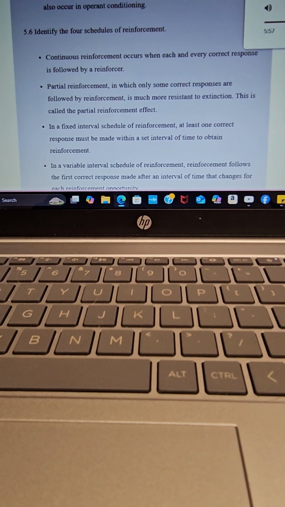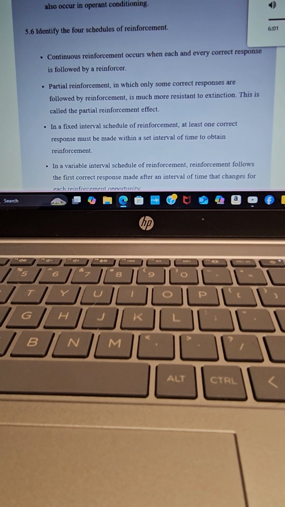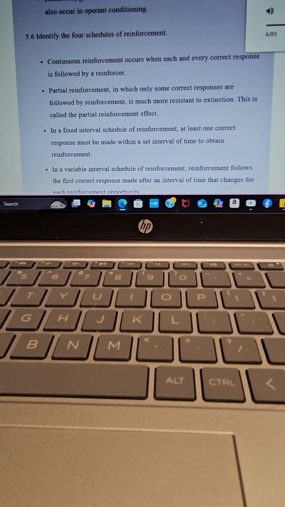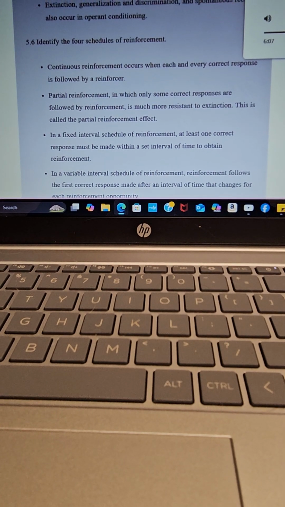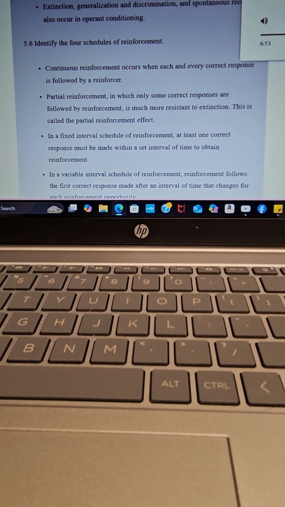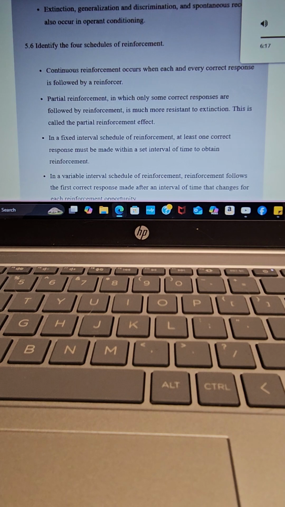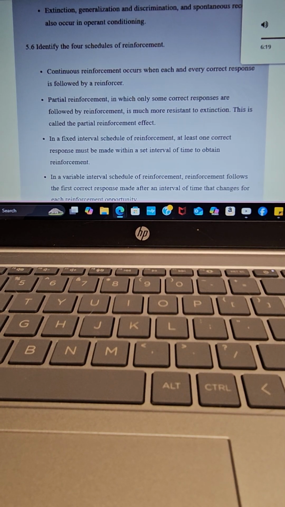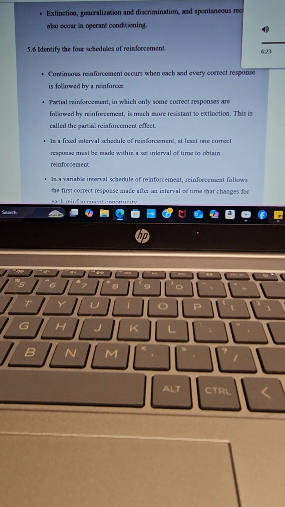5.6. Identify the 4 schedules of reinforcement. Continuous reinforcement occurs when each and every correct response is followed by a reinforcer. Partial reinforcement, in which only some correct responses are followed by reinforcement, is much more resistant to extinction. This is called the partial reinforcement effect.